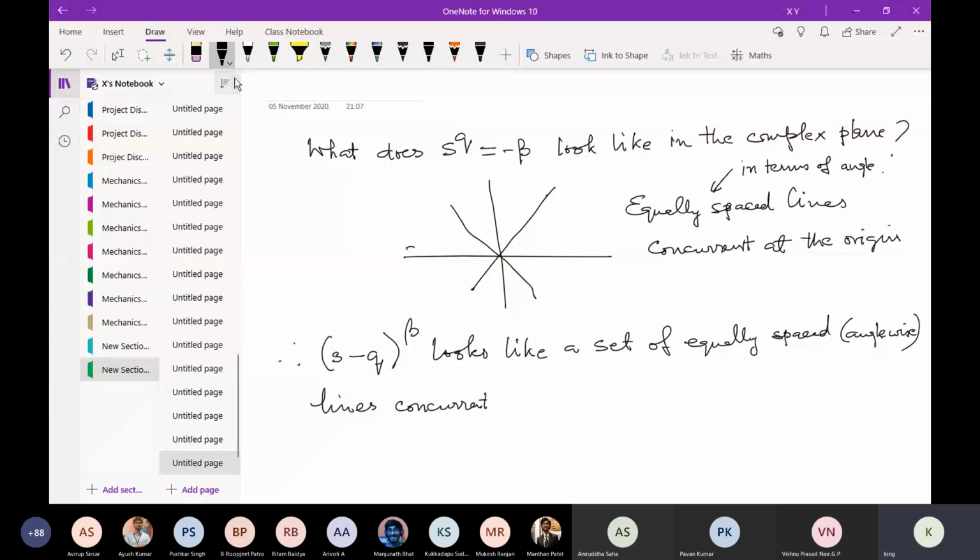Oh, okay, sorry, it should not be Q. Okay, so you agree with this?